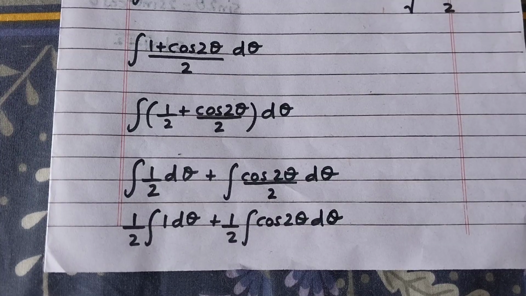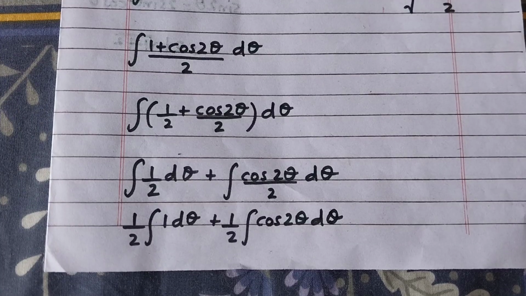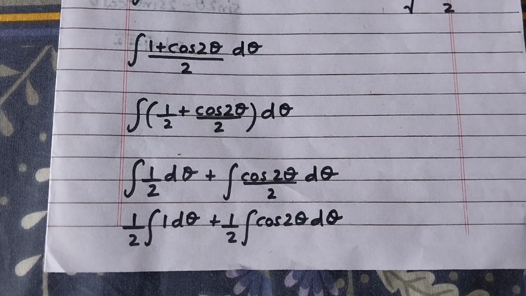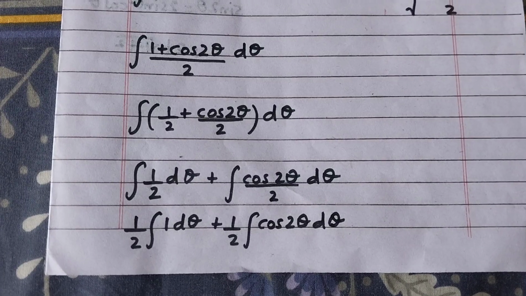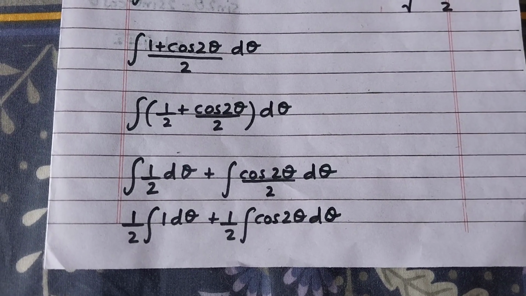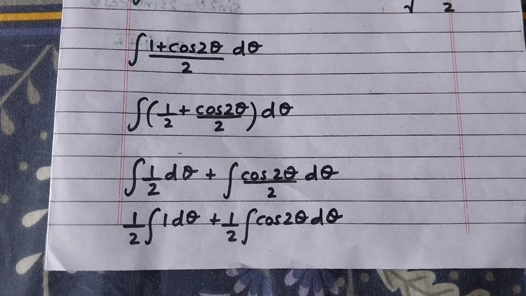But we can't just say here that the antiderivative of cos 2 theta is just sine 2 theta, because sine 2 theta has a derivative of cos 2 theta into 2, because we have to take the derivative of the argument as well, and the derivative of the argument is basically 2, because the derivative of 2 theta is just 2. So here the 2 part is missing. 2 is not written alongside cos 2 theta.